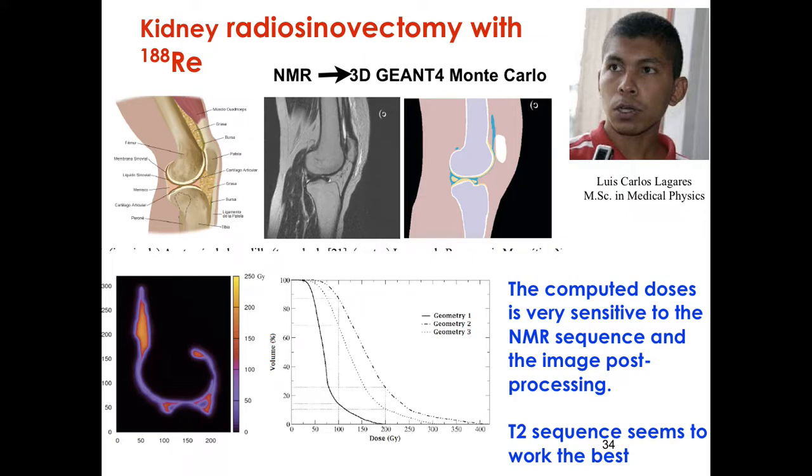And what we found is that the main point here is really the NMR images and the post processing, because by using one sequence to take the images, or by using different post processing, you will find a different volume and area for the synovial liquid, for the capsule, and then it changed completely the effectiveness of the treatment.